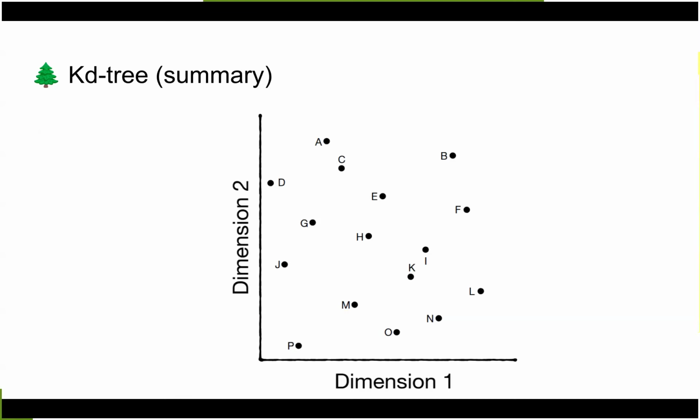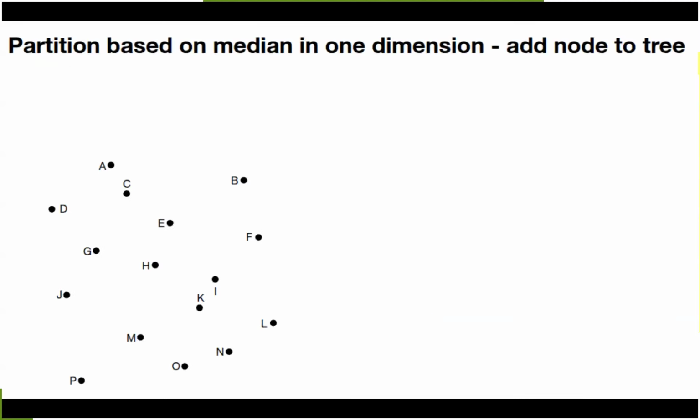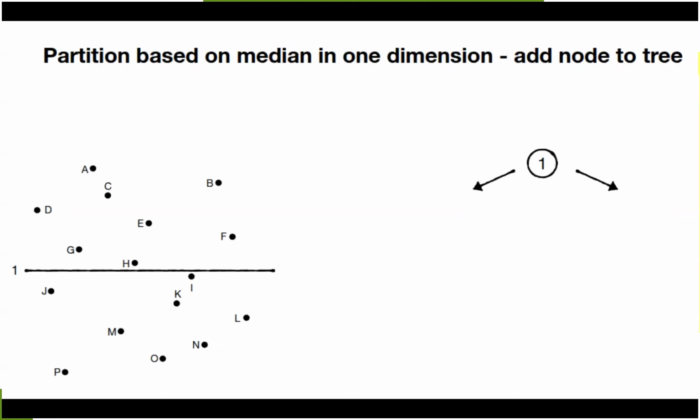Let's assume we have two-dimensional vectors, and we want to index these vectors using a KD tree. At first, we find the median line of the first dimension. So we partition based on the median in one of the dimensions, and add the node to the tree corresponding to that line.